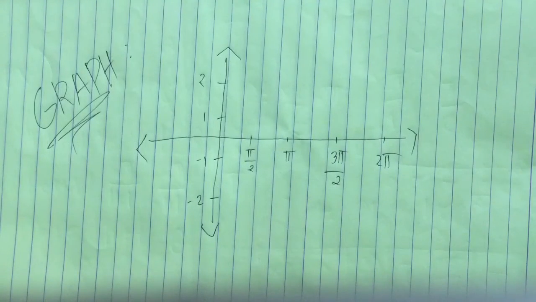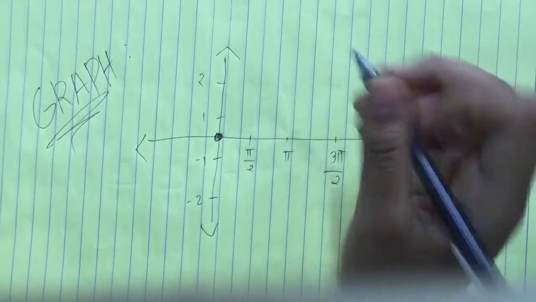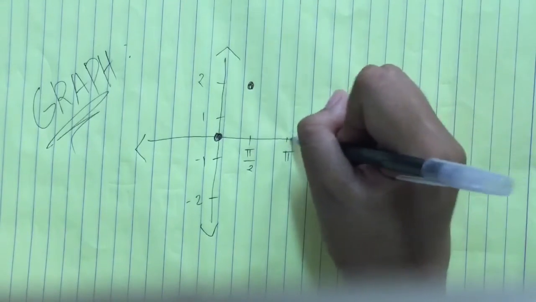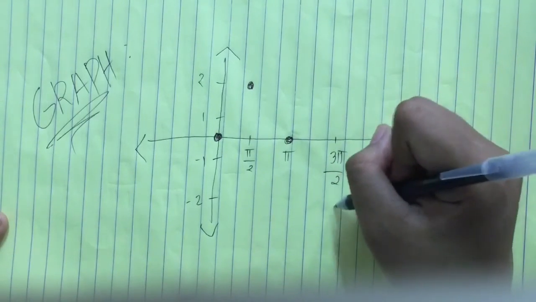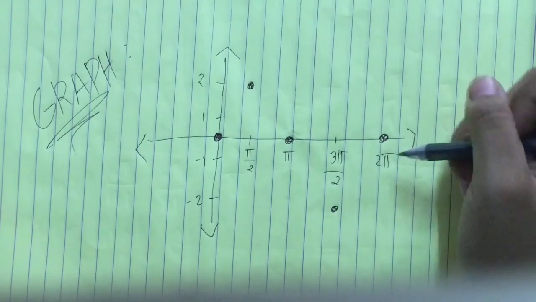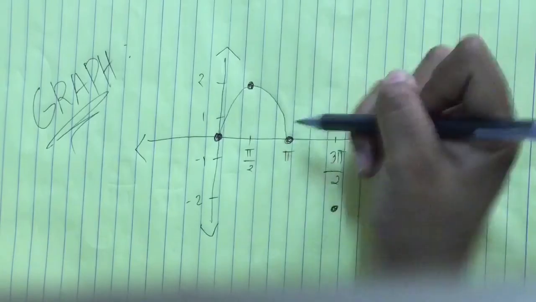Next up, we have to graph the values in our table of values, which are (0, 0), (pi over 2, 2), (pi, 0), (3 pi over 2, negative 2), and (2 pi, 0). All we have to do is just connect the dots.